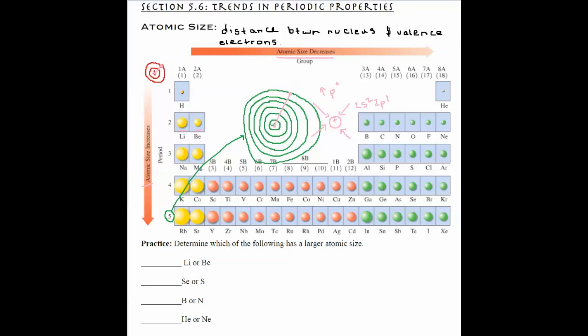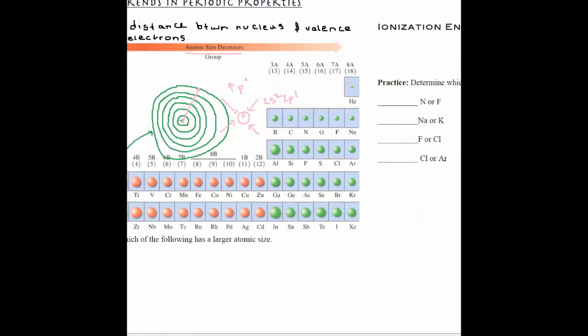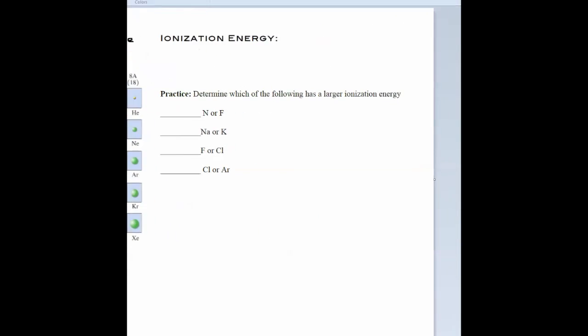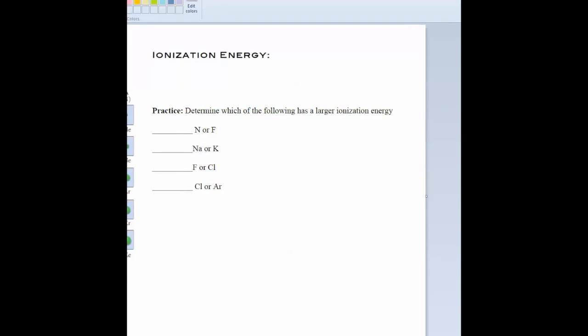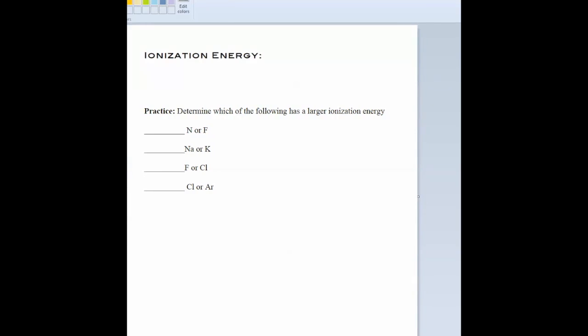Now, we've got one other trend to go over, and that is ionization energy. So I'm first going to start with a definition of ionization energy. Okay. So, your ionization energy is the energy required to remove one electron from an atom.